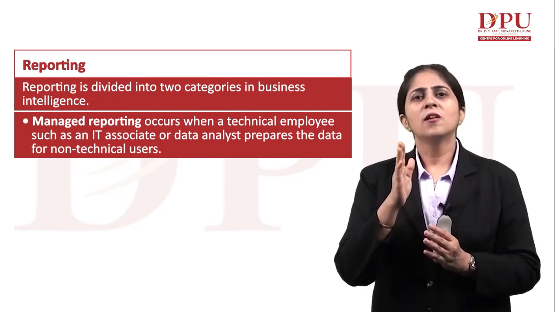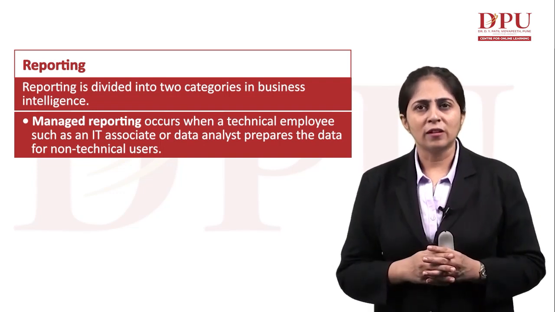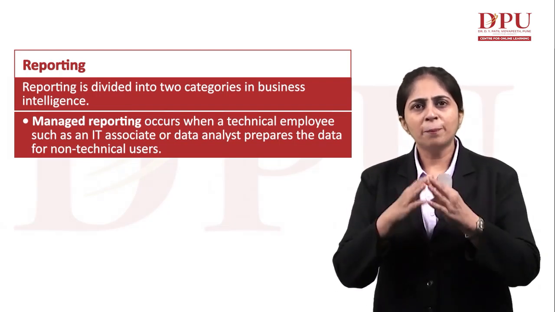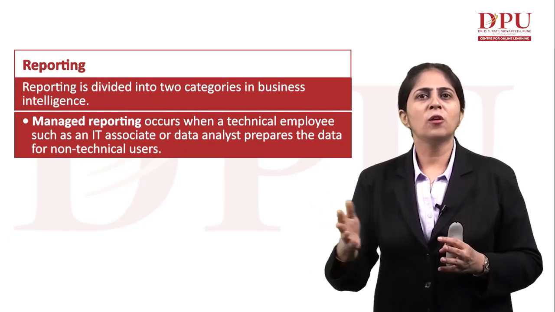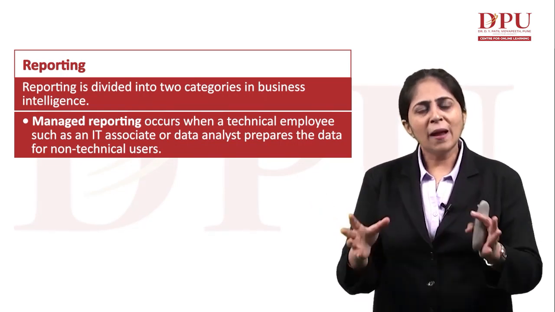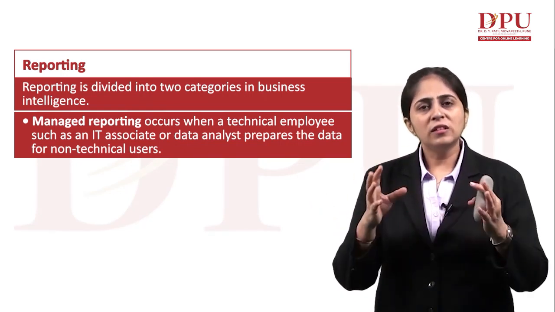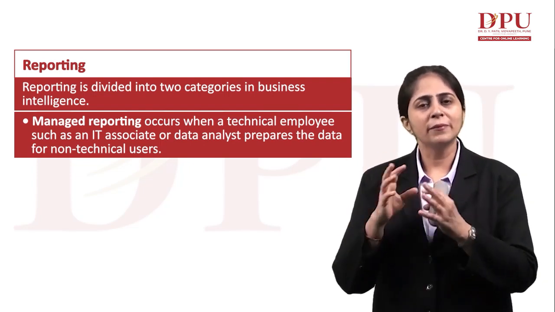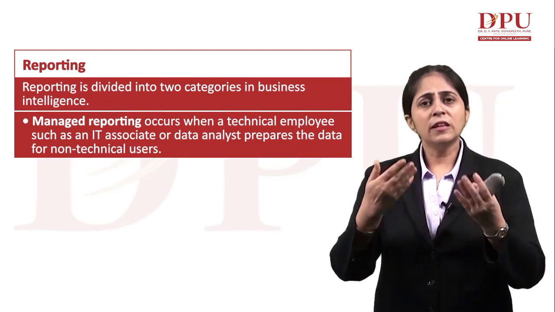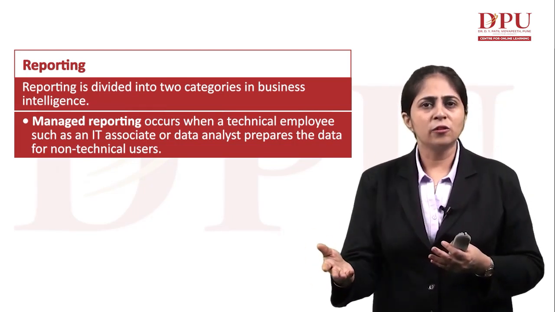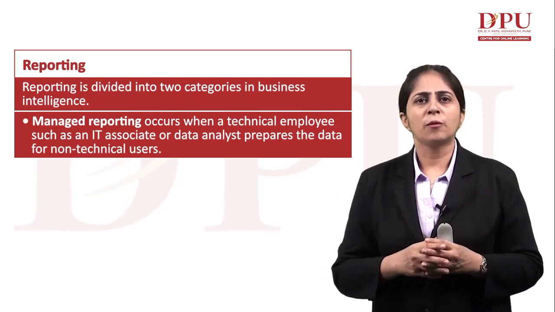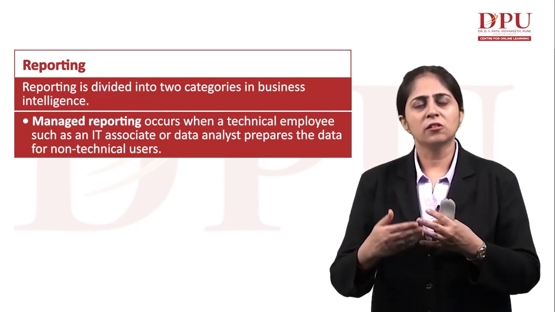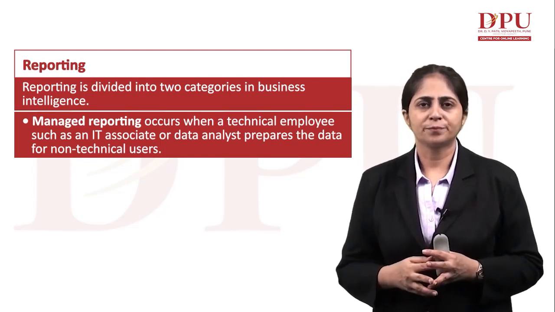It occurs when a technical employee like an IT associate or data analyst prepares the data for the non-technical users. So this kind of report will be prepared by some technical person for the usage of non-technical users. This kind of report is known as a managed report, and this process is known as managed reporting.